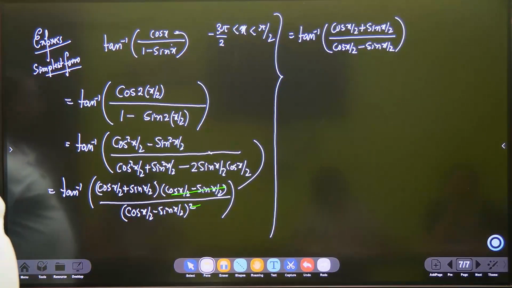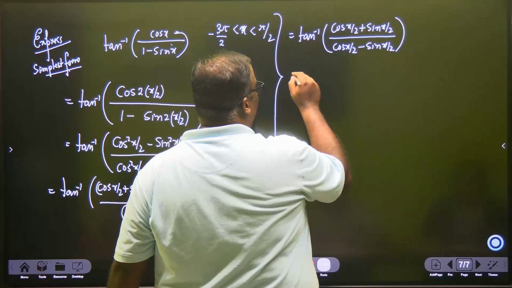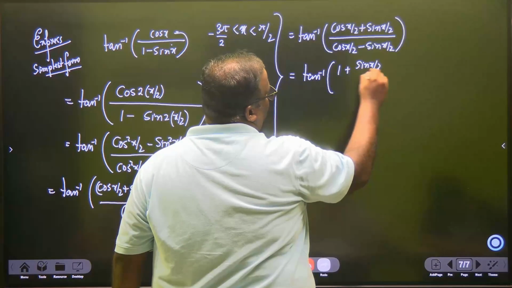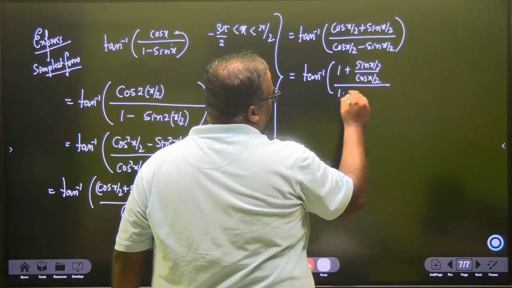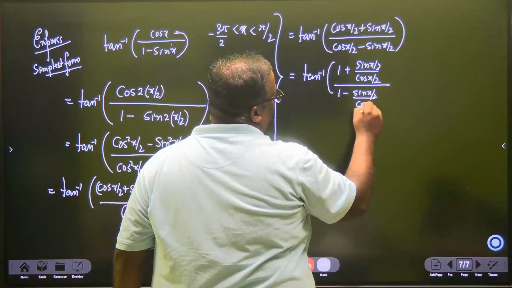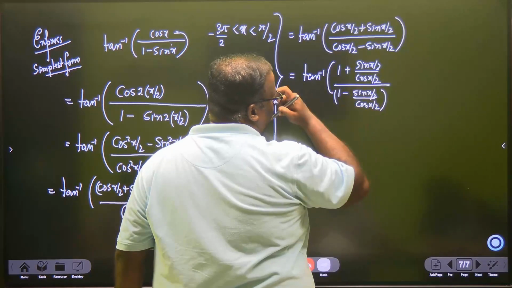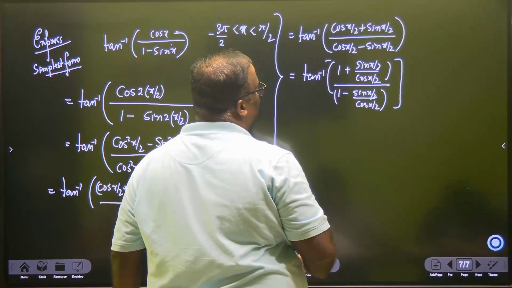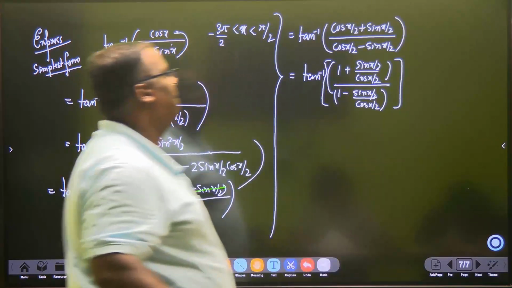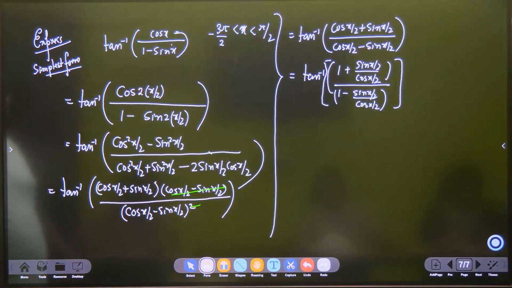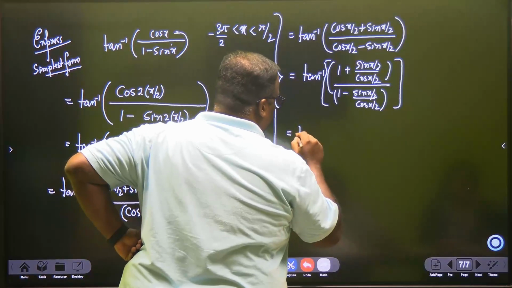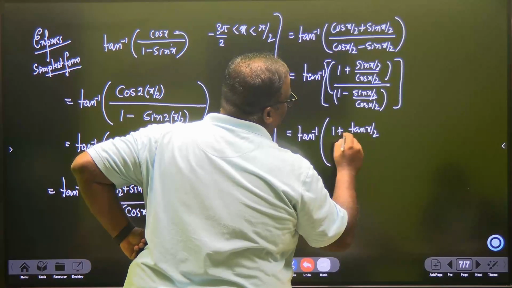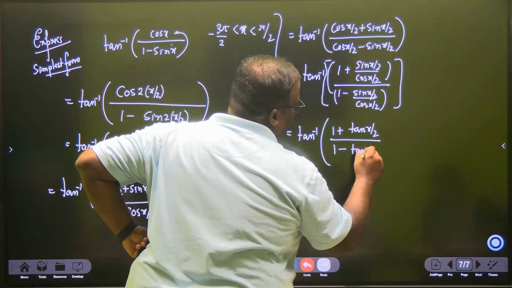We have to get a tan, so divide numerator and denominator by cos x by 2. 1 plus tan x by 2 over 1 minus tan x by 2.